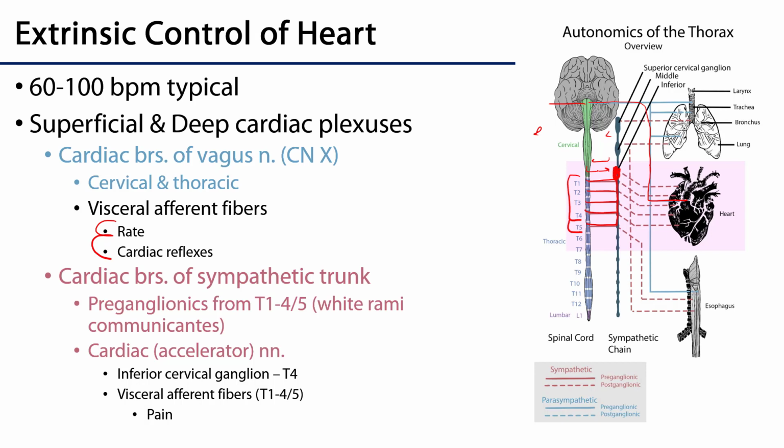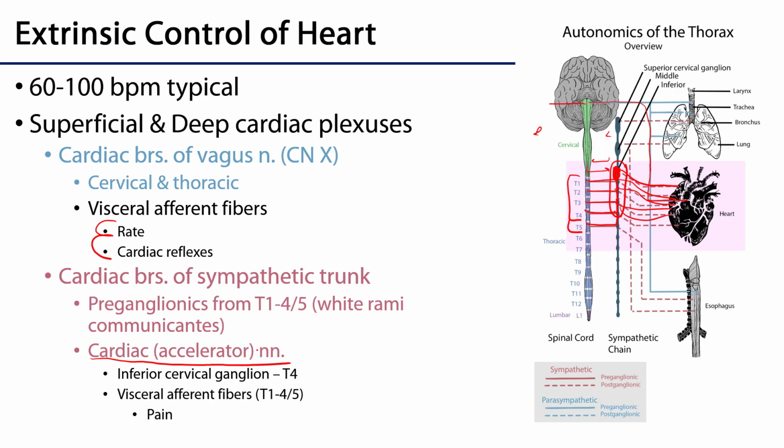So the output from the sympathetic chain is going to be from the inferior cervical ganglion, or stellate ganglion, T1 if it's not participating in the stellate ganglion, T2, T3, and T4. So inferior cervical through T4 sends the postganglionic fibers out to the cardiac plexus. And collections of these fibers are known as cardiac accelerator nerves, or just cardiac nerves.